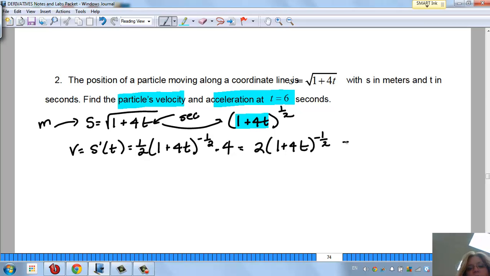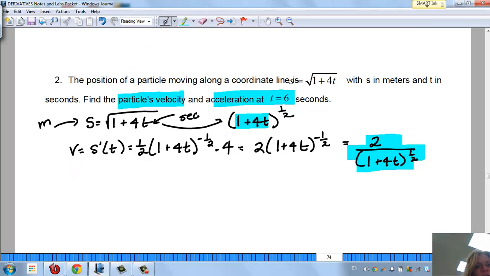Or you could write it as a square root. So right here is the velocity. Now if I want to know the velocity at 6, let's plug that in.